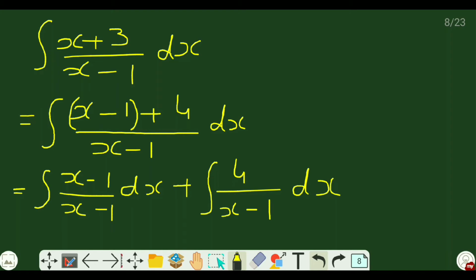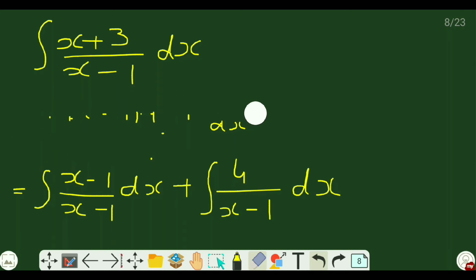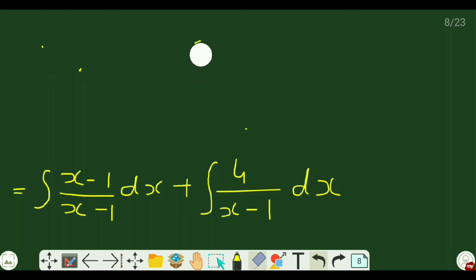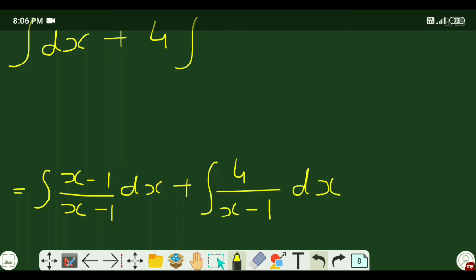Okay. Now further, x minus 1 gets cancelled, and therefore we just get 1 dx, that is the integral of dx, plus, if we take the 4 out, the integral of 1 upon x minus 1 dx.